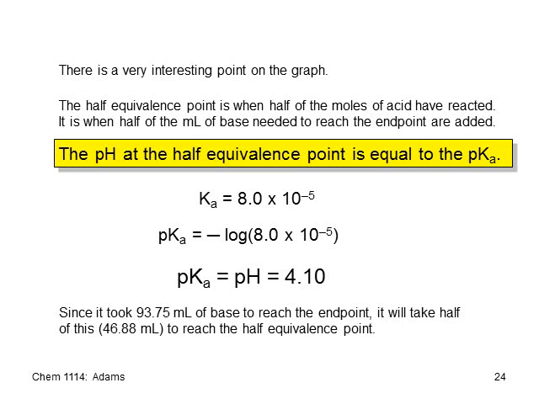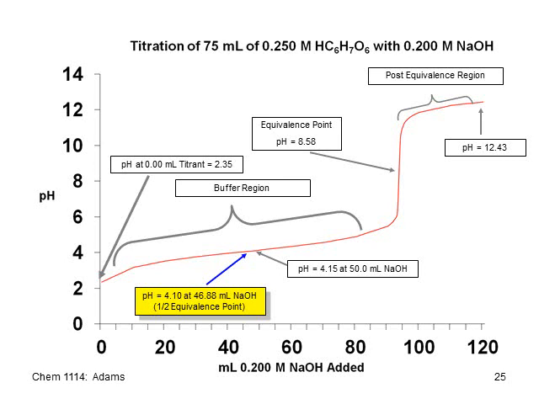Again, I can put this pair of points on the graph, and there it is. 4.10 pH and 46.88 milliliters of sodium hydroxide for the half equivalence point.